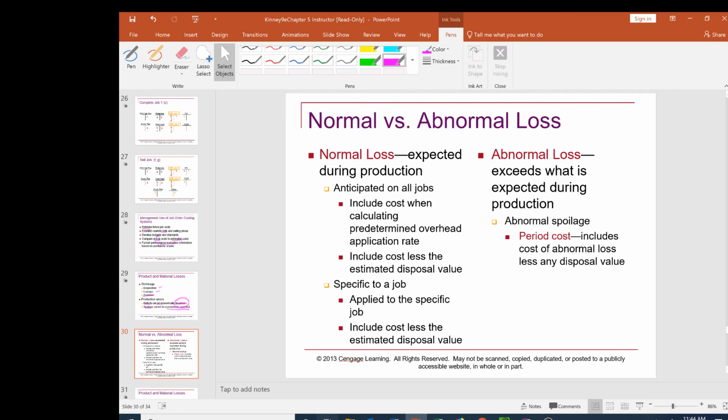Now, abnormal loss exceeds what is expected. Abnormal spoilage includes cost of abnormal loss, less any disposable value. Now they're putting that in a period cost. We'll look how that works later. When you're making products, there's got to be some loss of materials and of course labor and overhead.